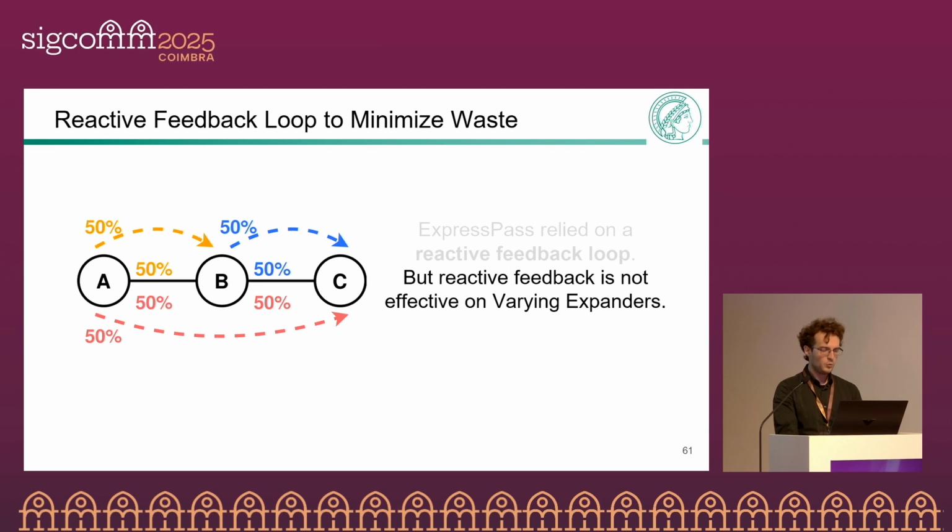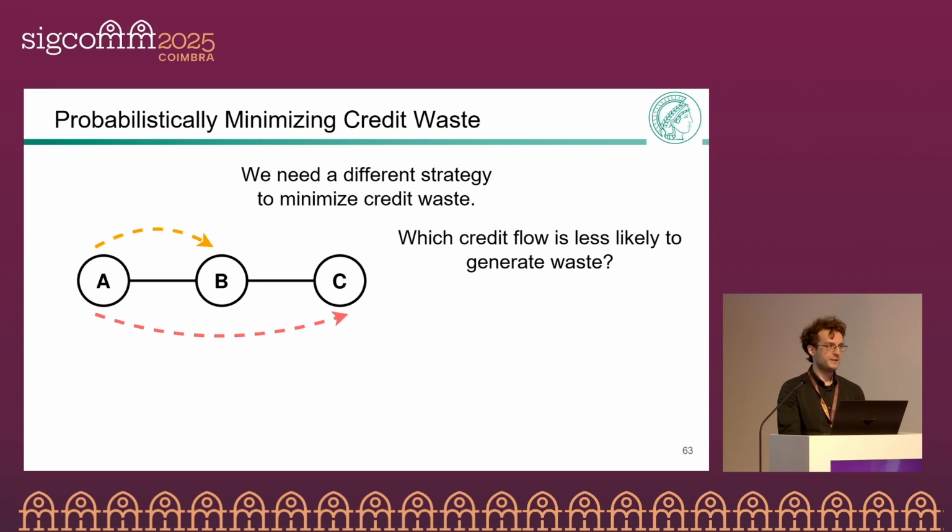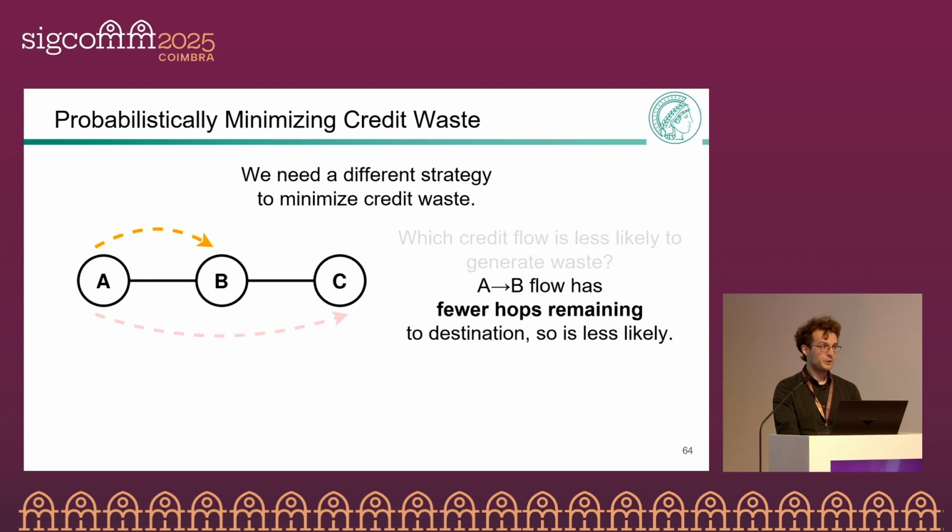What we propose is to use a simple stateless heuristic. Let's say we only add link-local immediate information at our first bottleneck link, such as the route of our credit flows. Now, which of these credit flows do we deem least likely of generating credit waste? Well, that would be the credit flow on the shortest path, because it has fewer potential bottleneck links remaining to its destination, meaning fewer chances of getting its credit dropped.